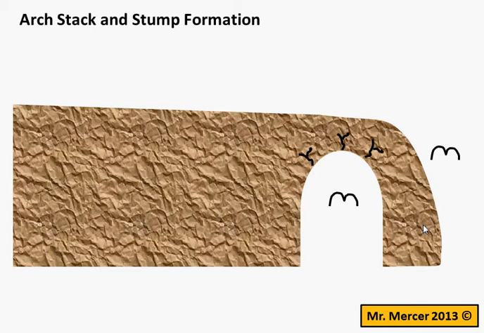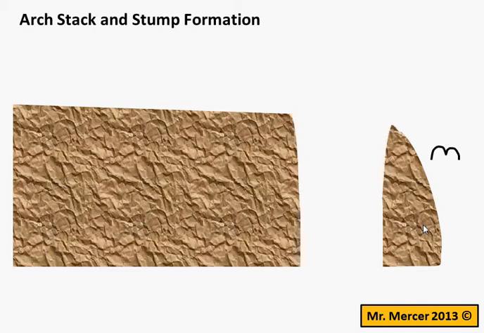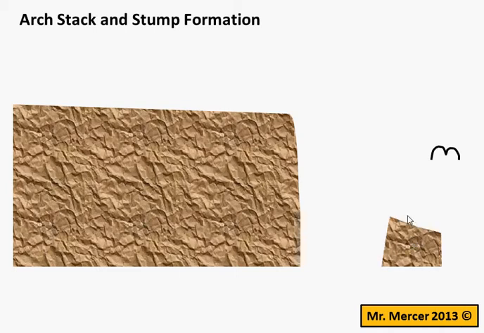In any case, that's how the arch is weakened, and ultimately the arch collapses into the sea, leaving, on the right-hand side here, a stack. That stack is then further eroded down and weathered down into a stump. It depends what the question is asking for, but often the question merely asks you to go as far as explaining a stack formation, in which case you'll be given no real credit for talking about a stump.